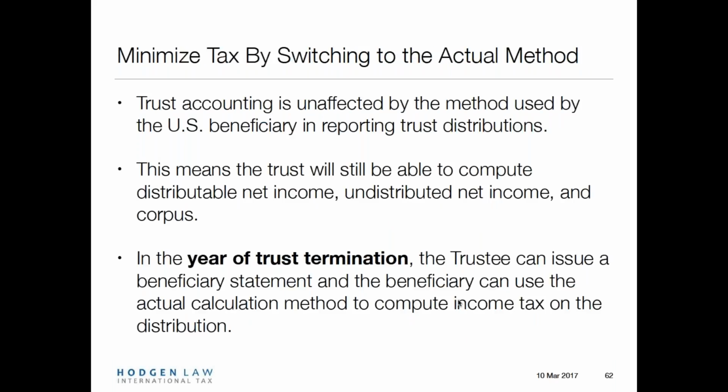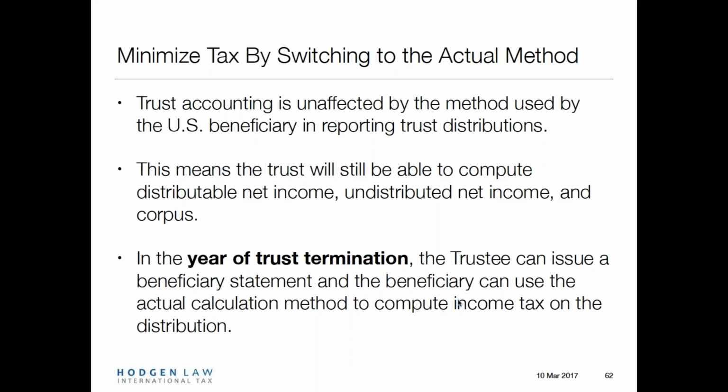Another way to do it, if you are able to terminate the trust, you remember I said that once you've screwed up and you've put yourself into the default method, you're stuck there forever. Well, there's an exception, and the exception is for the year of termination of the trust. And a really important thing that took me a long time to understand, how the trust beneficiary reports the distribution for income tax purposes on his or her 1040 has no impact on the trust accounting at the trust level.